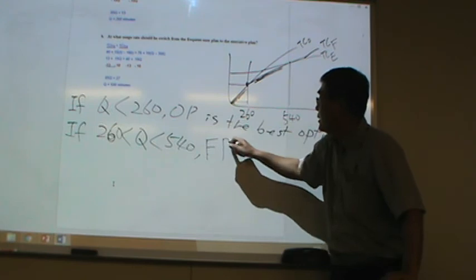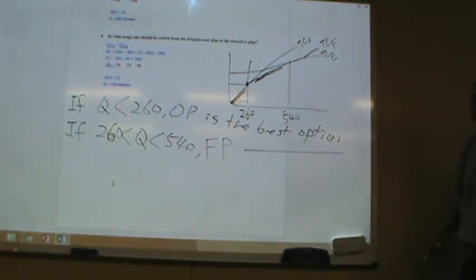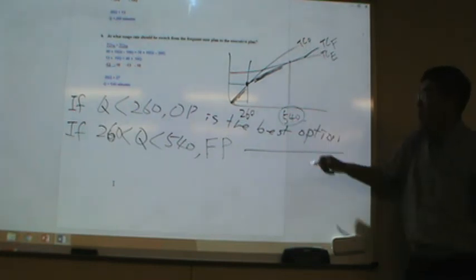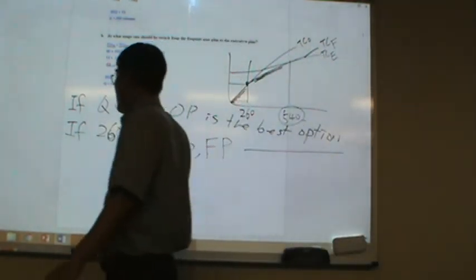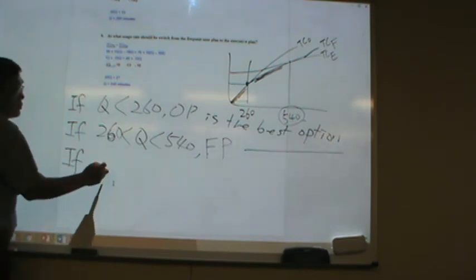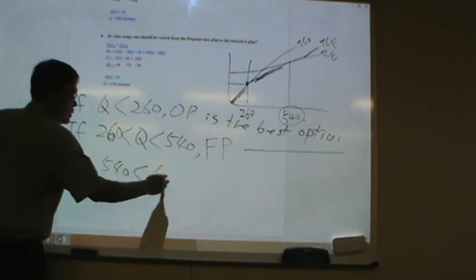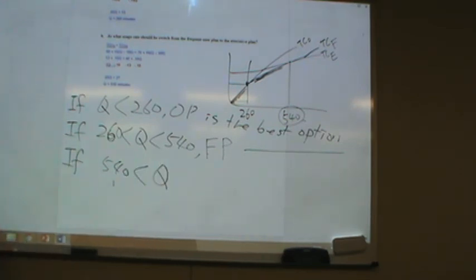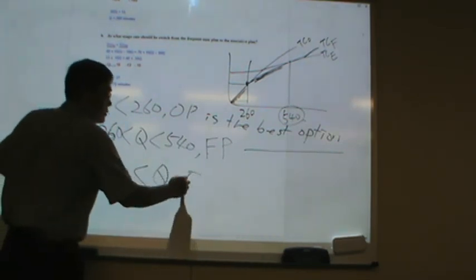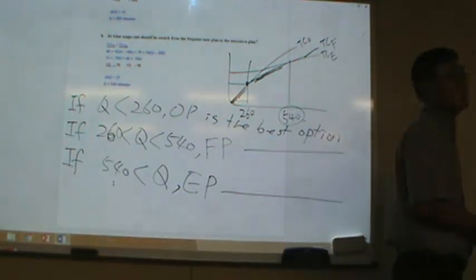Frequent plan is the best option. And the last one, if Q is more than 540, then the executive plan is the best plan or option.